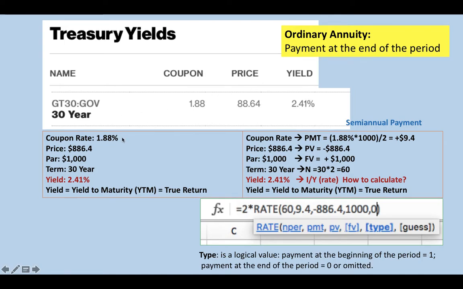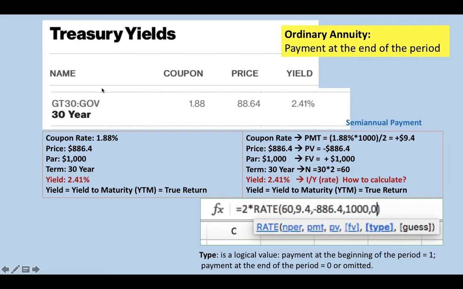Let's understand what this 30-year bond means. The coupon is 1.88, which tells you the coupon rate is 1.88%. The price, 88.64, is quoted per hundred. If you buy $100 of these bonds, you pay $88.64.